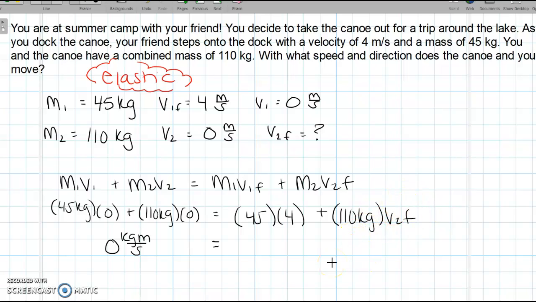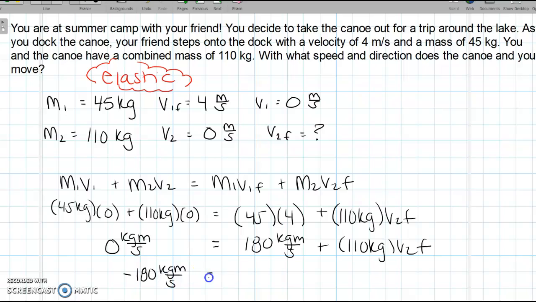Let's find out. So we have 45 times 4, which is 180 kilogram meters per second, plus 110 kilograms times v2f. So in order to solve for v2f, we need to get it alone. So we should move this 180 from both sides. So we're going to have a minus here.